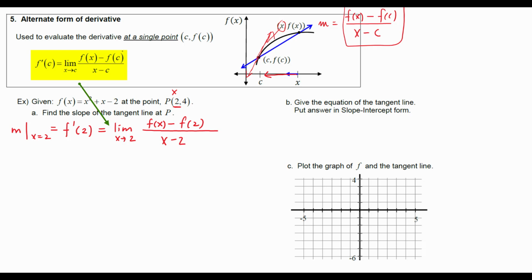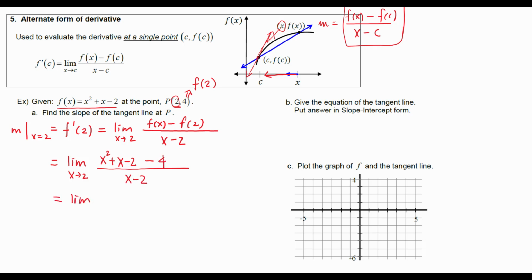Every c you see in the formula, you plug in x equals 2. So that's the limit as x approaches 2 of f of x, which you replace by x squared plus x minus 2, minus f of 2, which is right here, 4, over x minus 2.